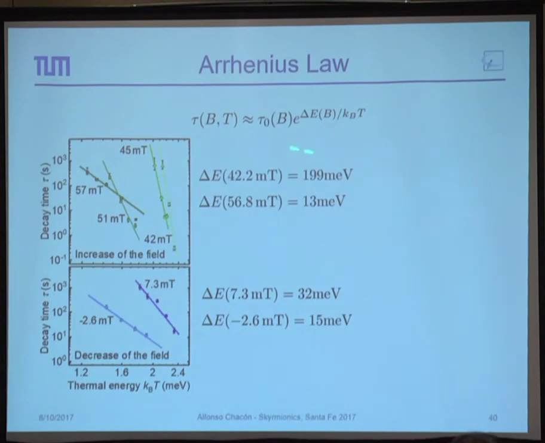If we are close to the stability region, we obtain an energy barrier of about 109 meV. If we go up in the field, the barrier goes down to about 13 meV. For the decay into the helical phase, close to the stability region, we observe about 32 meV, and in the region where we are already decaying strongly, about 15 meV.